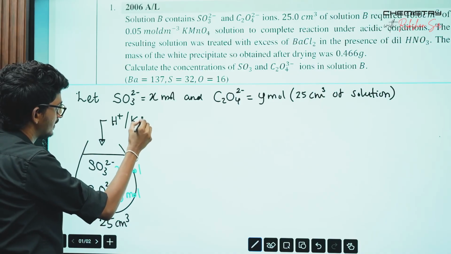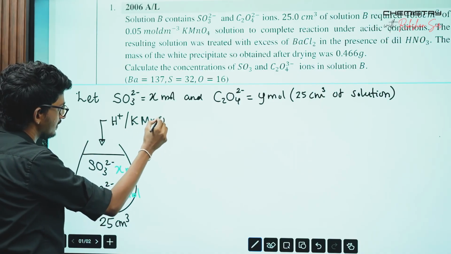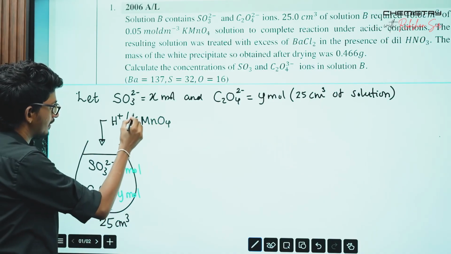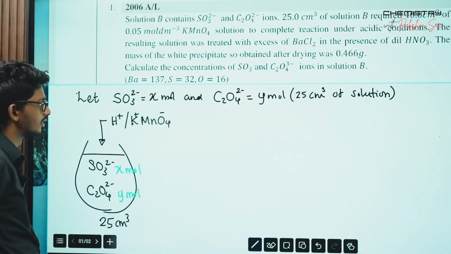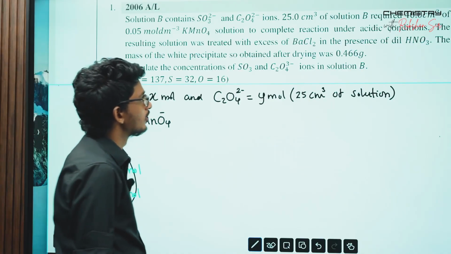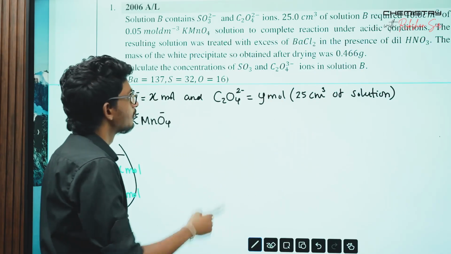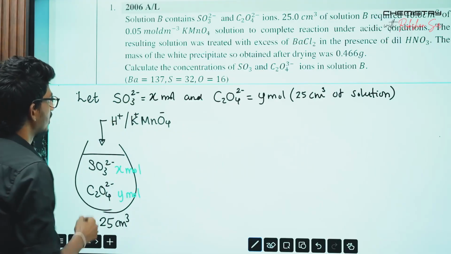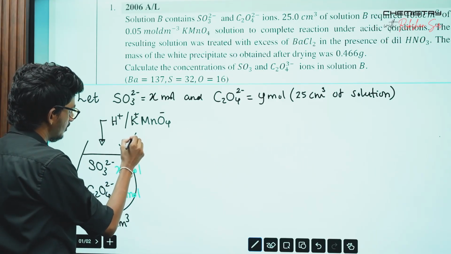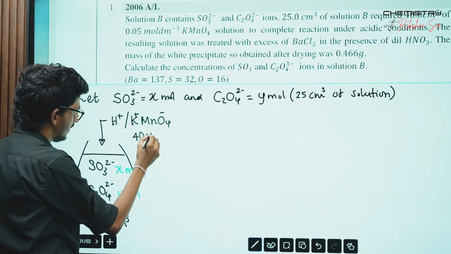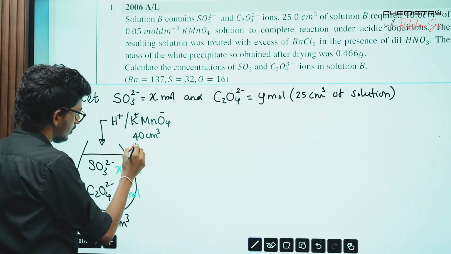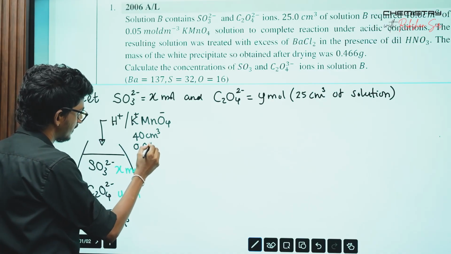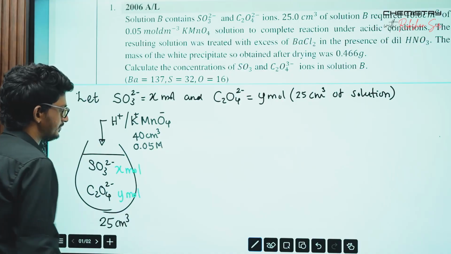KMnO4 means K plus and MnO4 minus. The amount consumed is 40 cubic centimeters of the 0.05 molar solution.